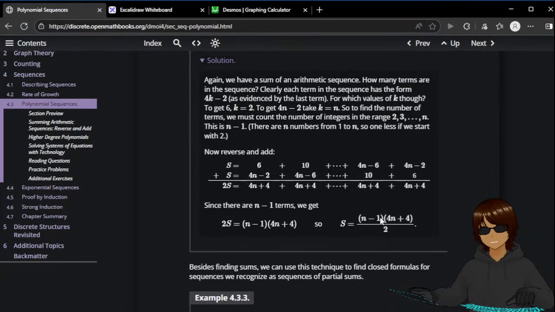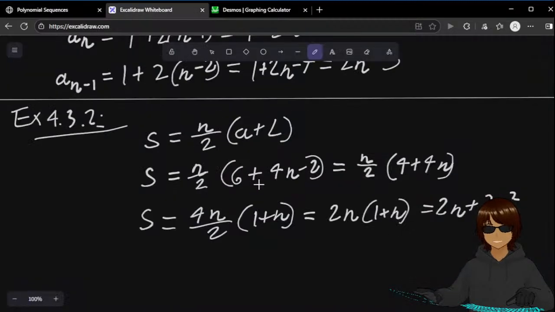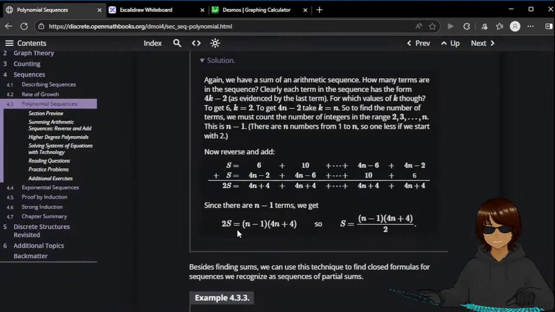Wait, I don't understand how they got this formula. We did n minus 1. They're getting 4n plus 4. Yeah, and then that n minus, we have this. Why are they saying n minus 1?